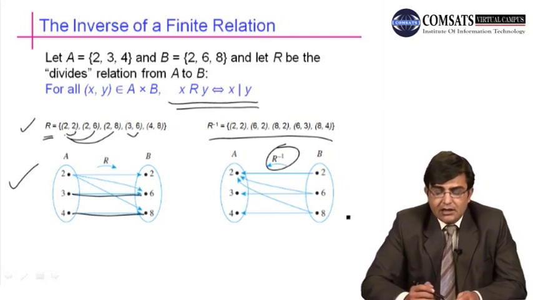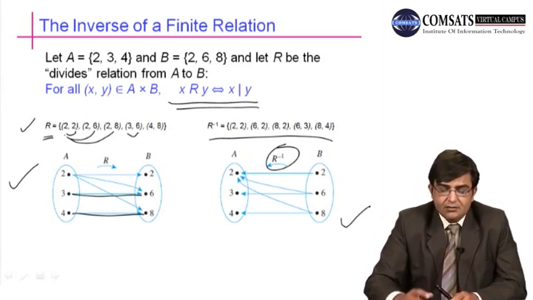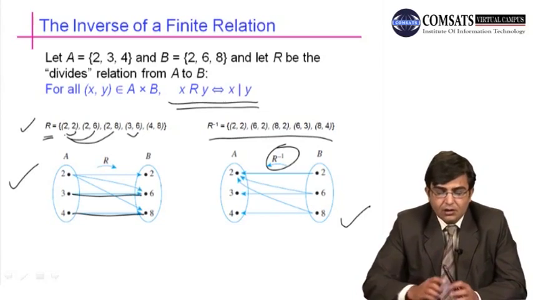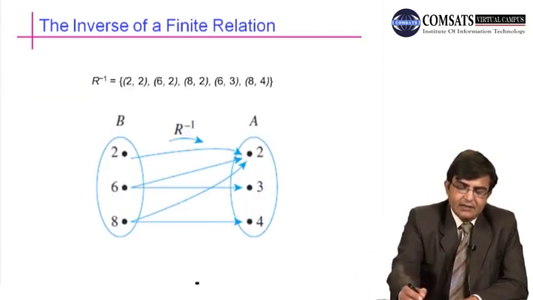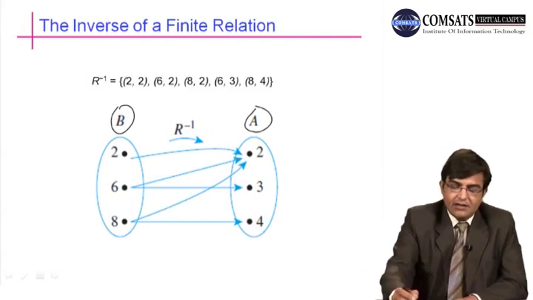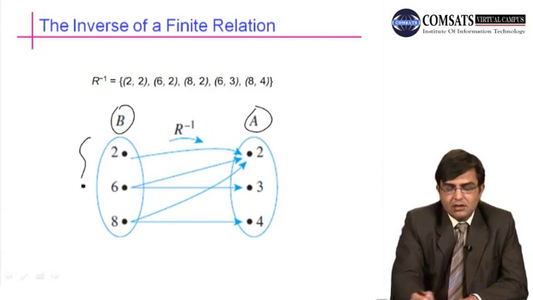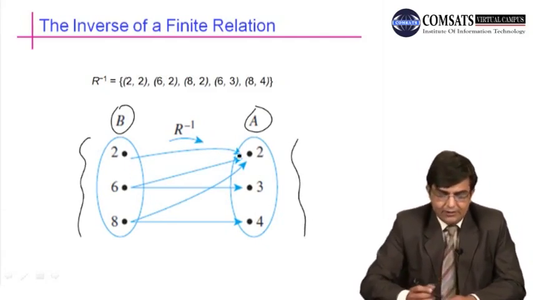Either we can draw the picture or graph of the inverse relation like this, or we can redraw it. Write B first and then A. We write the elements of B, we write the elements of A, and we draw the arrows between the elements which are connected.